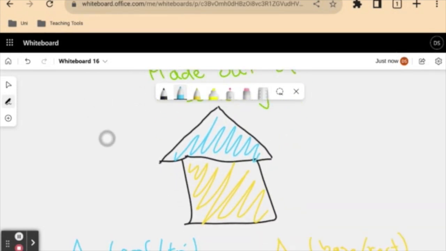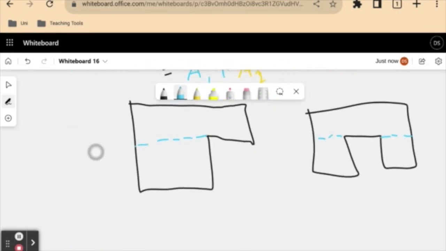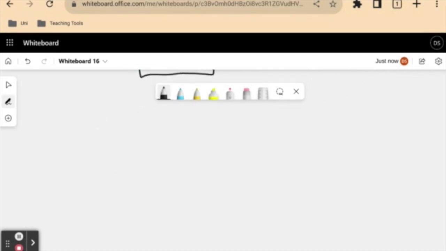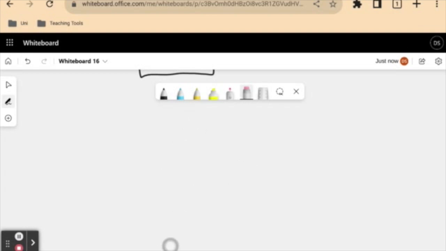So in the context of this, we had the area of a triangle plus the area of a rectangle. And the same thing goes for volume, because if I were to draw my house, but this time in 3D, this looks more like a hut, honestly. I'm going to try that again. That's pretty shocking.